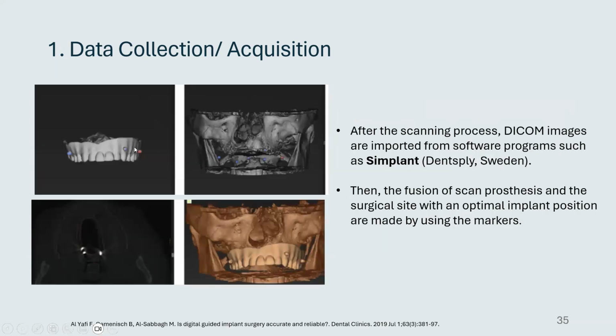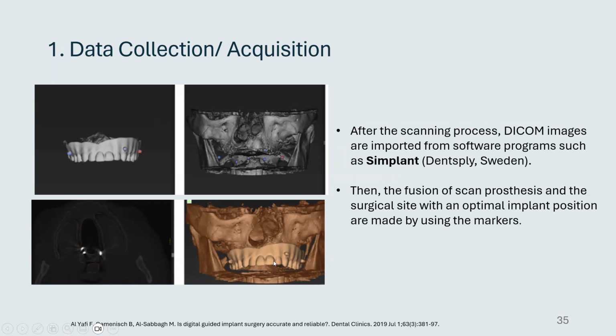Okay, now we have the picture on the left. Here is the data of the prosthesis, and here we have the patient wearing the prosthesis. Then we can superimpose or align the two scans using the fiducial markers that we made earlier on the dentures.